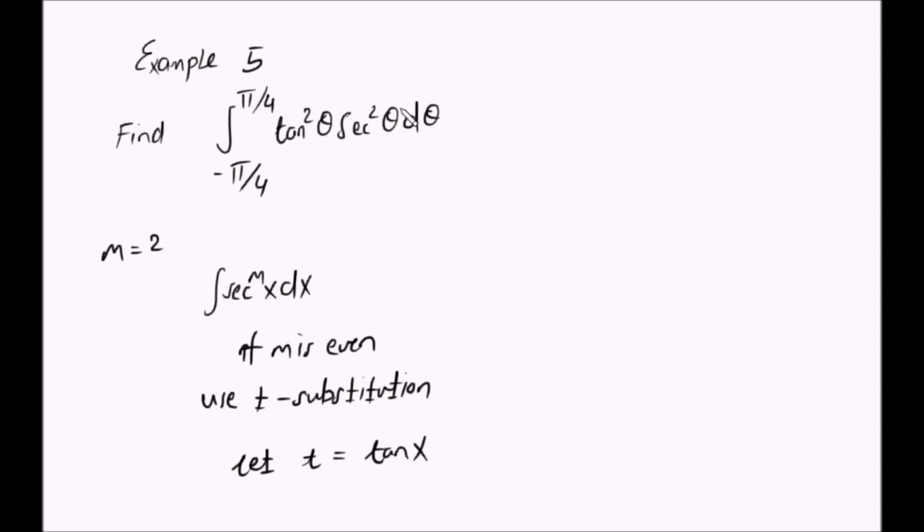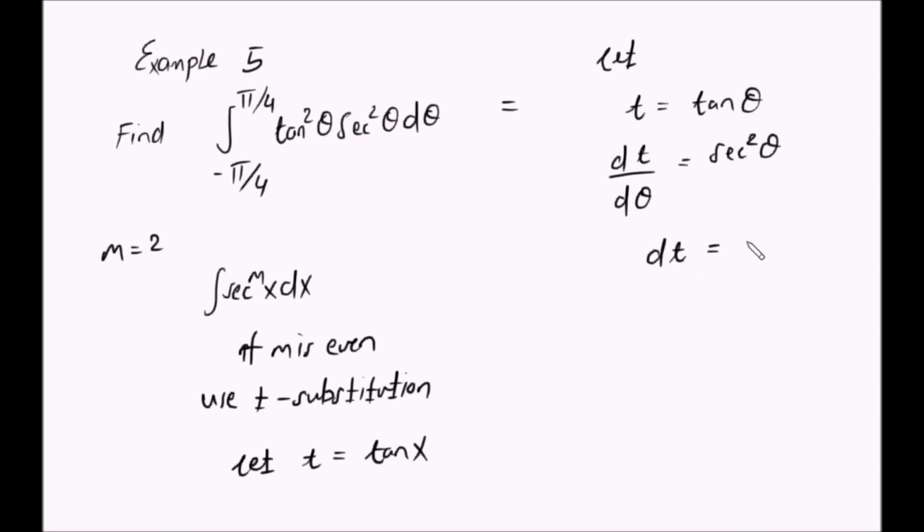So anyway, this integral you can see is a definite integral, okay? So to solve this one, we're going to let t be equal to tan of theta. Yeah, so you can see dt d theta will be equal to sec squared theta. So dt is equal to what?